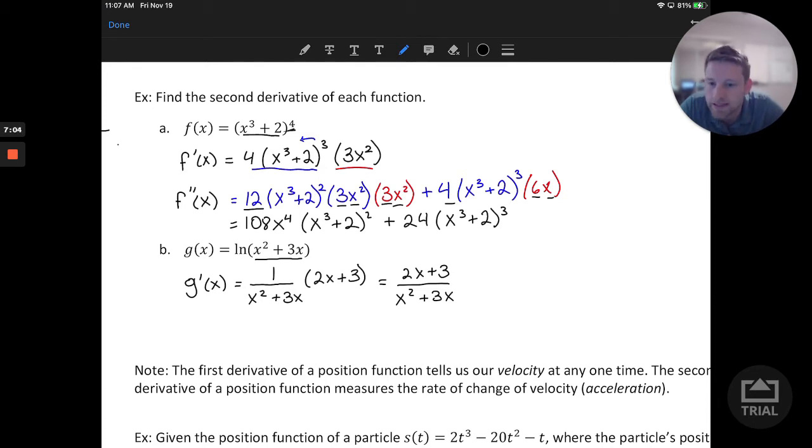We want to find g double prime, a second derivative function, which here we can now apply a quotient rule. So this is a quotient of two functions. So let's do g double prime, and we'll practice our quotient rule here for the second derivative. The first thing I'm going to do before I forget is let's go ahead and just write that denominator squared on the bottom. That's the denominator, x squared plus 3x quantity squared.